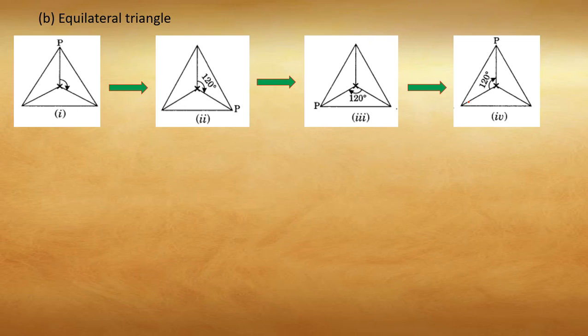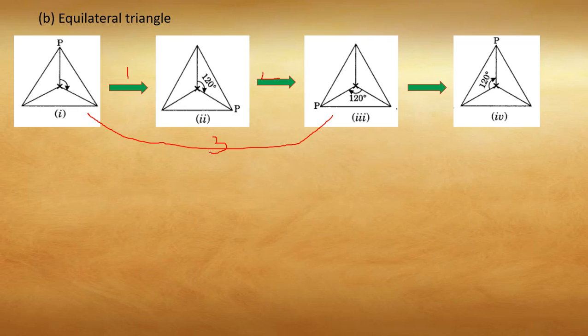By the third turn, we are getting the same figure and reaching the previous position of this triangle. So how many turns are there? This is one turn, this is the second turn, and this is the last, third turn.